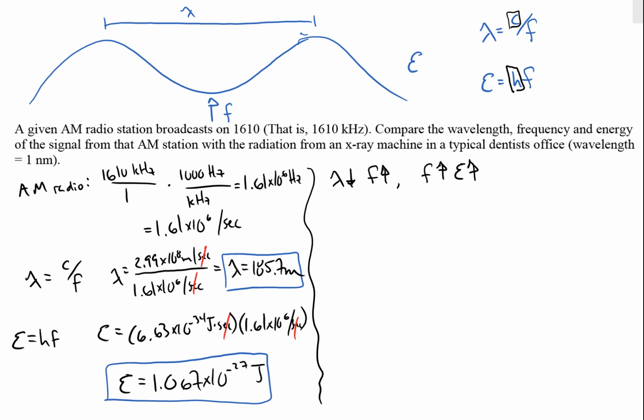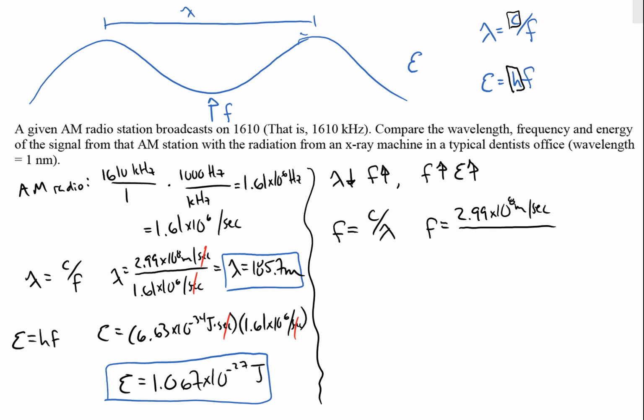Given the wavelength, I want to first solve for the frequency. So frequency is equal to the speed of light divided by the wavelength. For the X-ray machine, the speed of light is the same, 2.99 times 10 to the 8th meters per second.